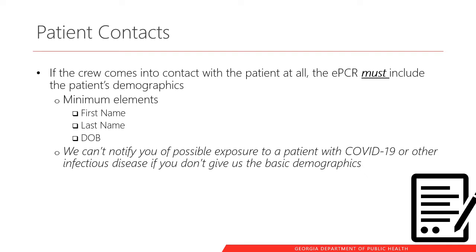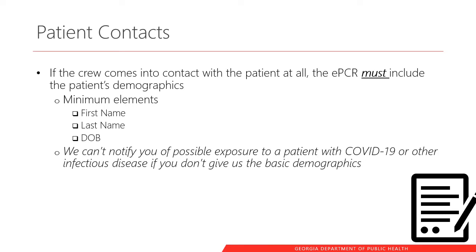Because what we do on a daily basis now is we download all of the cases from those that are reported to the department for patients who have COVID-19, and we compare that to the runs that are submitted. So if the agency doesn't submit to us first name, last name, and date of birth, we have no way to link that patient that they touched or came into contact with to the case list.